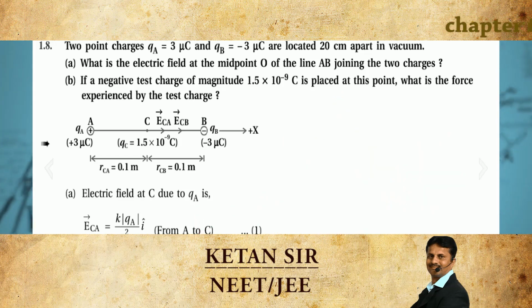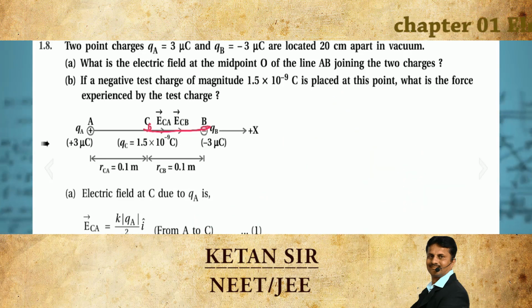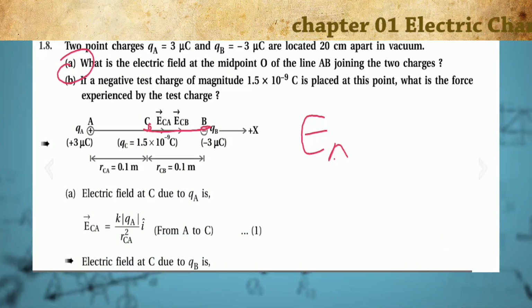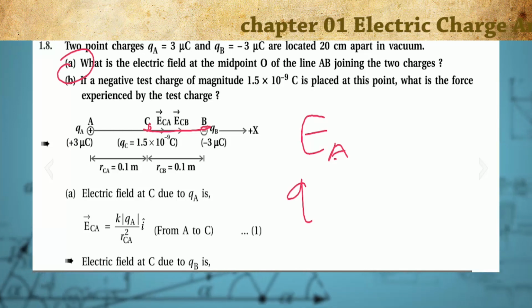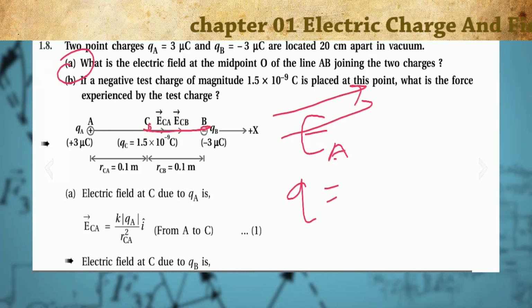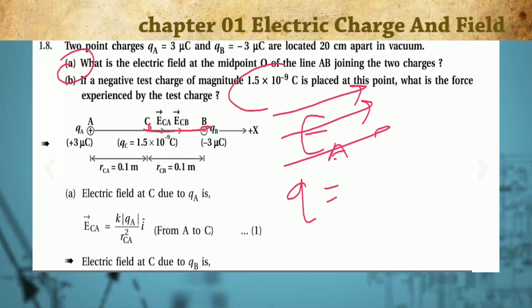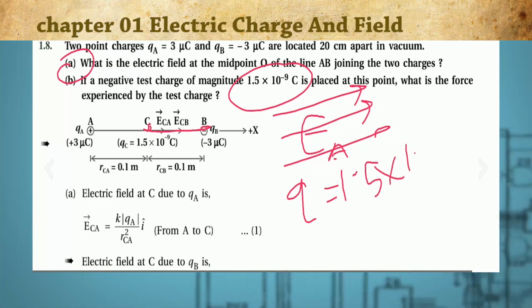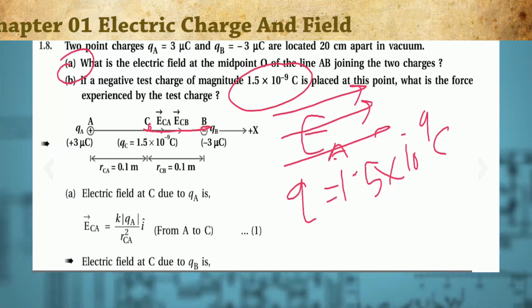So dear students, here you have an electric field, the resultant electric field in part A. Now you are putting the charge Q in this electric field. The value of the charge is 1.5 into 10 raised to minus 9 Coulomb.